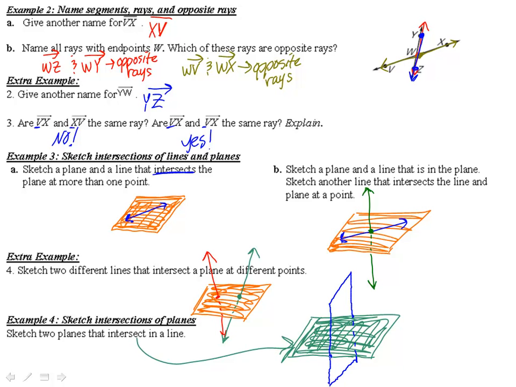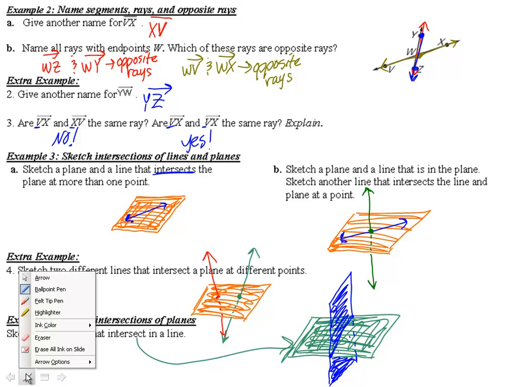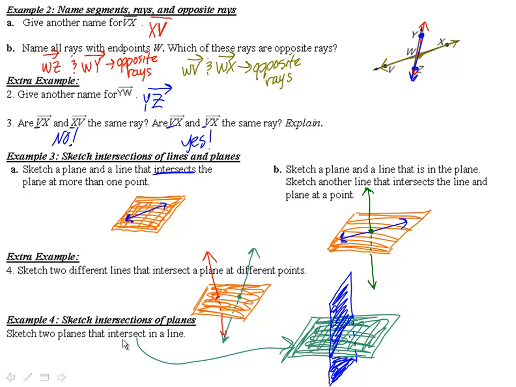And then I'm going to connect these two points right here with a line, because the two planes are going to intersect in a line. It says two planes that intersect in a line. So here's my second plane that I'll shade in. This part right here is going to be behind, so then I'll shade the bottom. And then they're going to intersect in a line. So here is my line that they're intersecting.